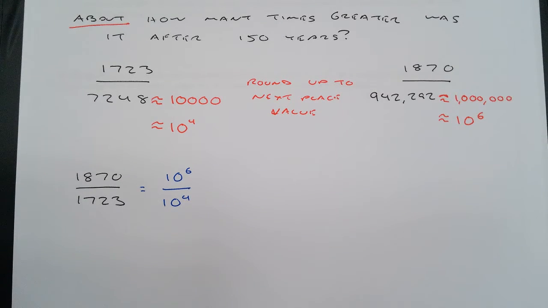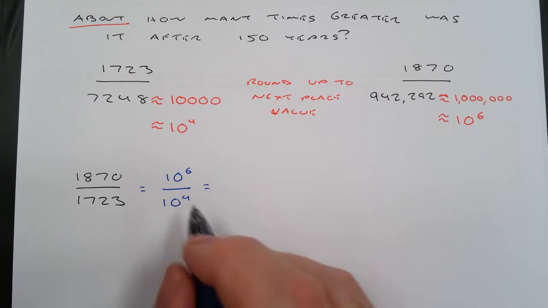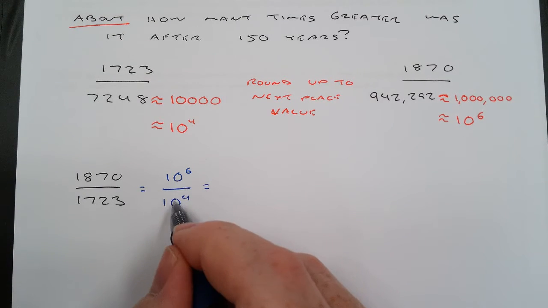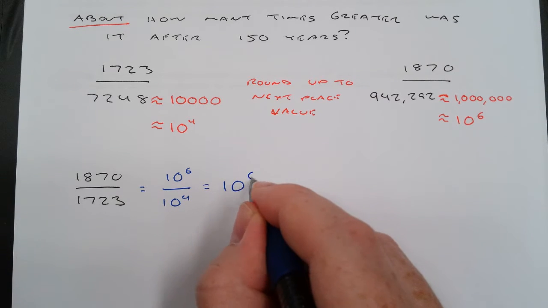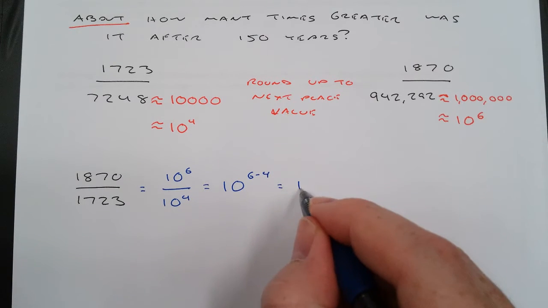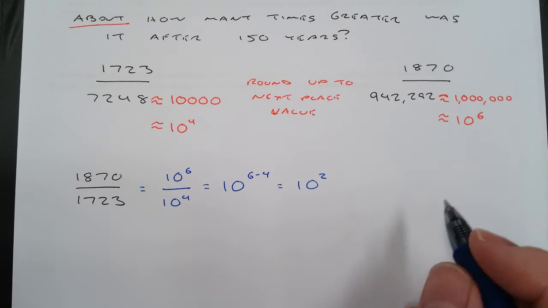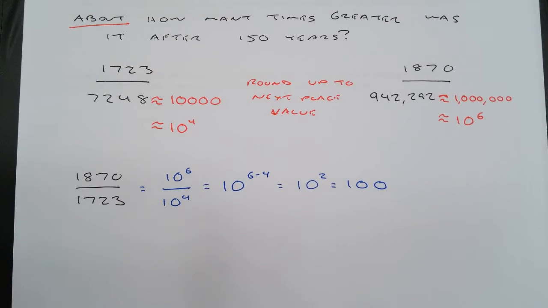Now, already you should know from earlier lessons in this module how to solve this. We have the same base, and when we have the same bases divided by each other, we subtract the exponents. We do 6 minus 4. So this is 10 squared. And 10 squared is 100.